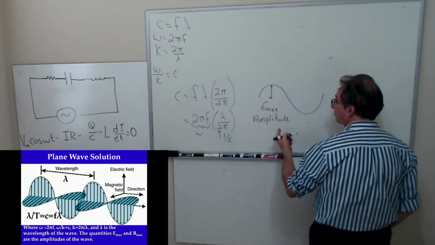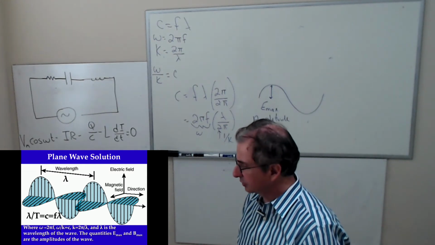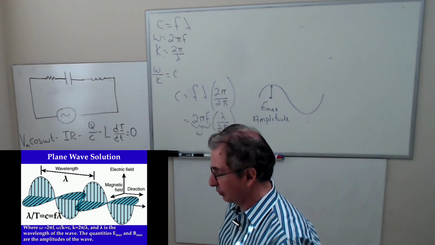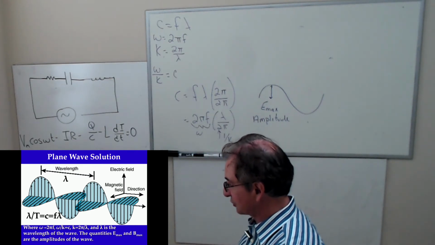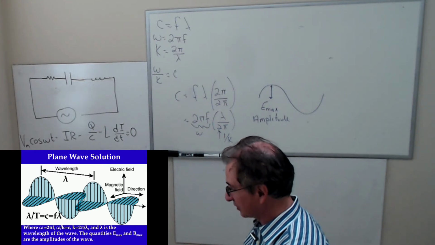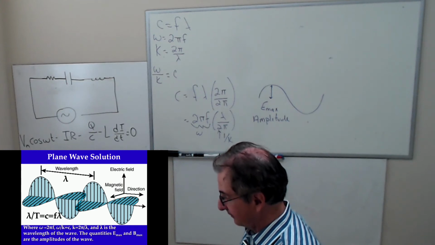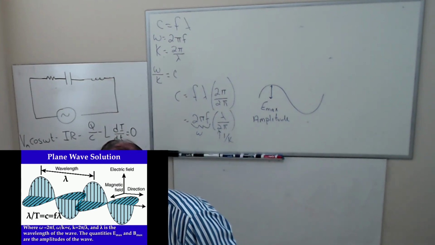And the same thing for Bmax, it's the amplitude of the magnetic field vector. Normally we describe the wave in terms of the electromagnetic field, and then we just got to assume that the magnetic field is going along with it. It's perpendicular to the electric field and in phase with the electric field. Okay.